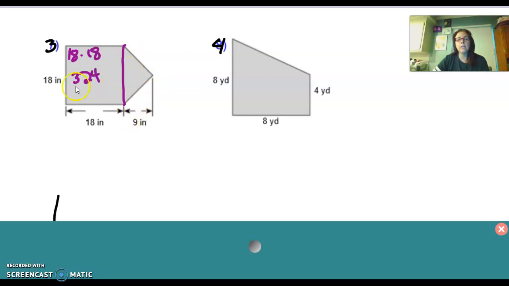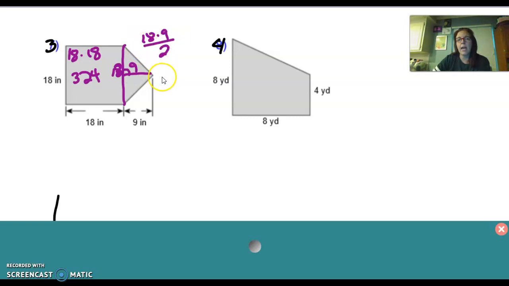So this, just like we learned last time, if this side is 18, then the right side is 18. And if this right here is 9, that means the height is 9. Remember, on triangles, you can't use this slanted side. You have to use the flat, and then wherever it forms a 90-degree angle. So this is going to be 18 times 9 divided by 2.